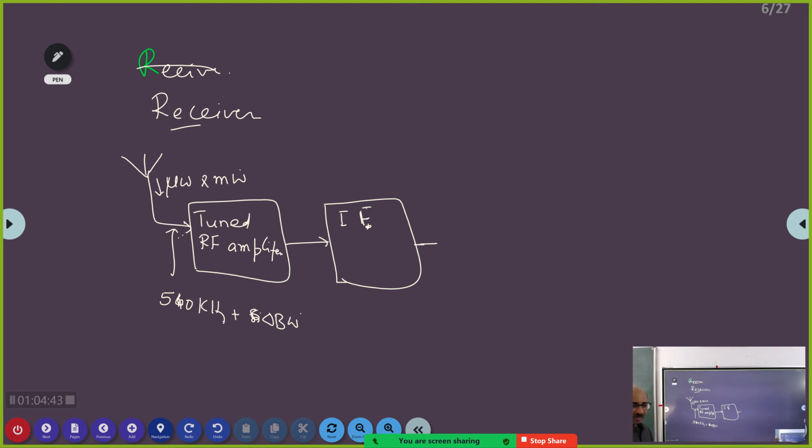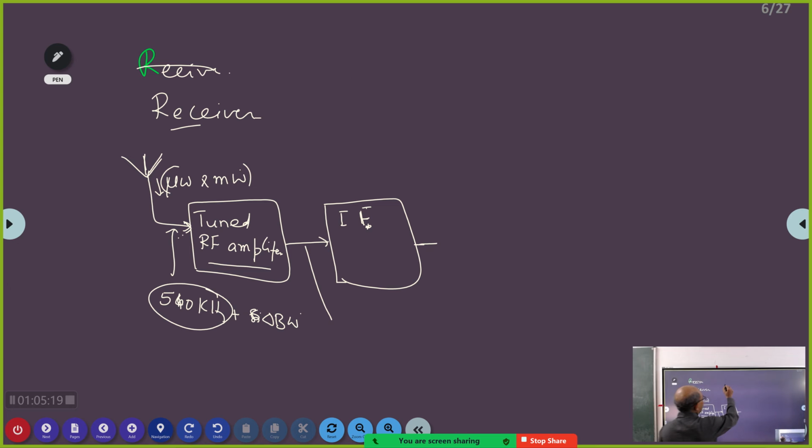The main function of this RF amplifier is to select the required station, because the circuit design is more focused on selecting the required frequency. Main focus is that, and very little amplification is possible. But the signal coming out will still be at 540 kilohertz.